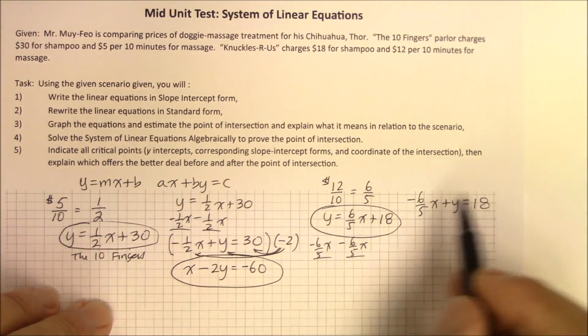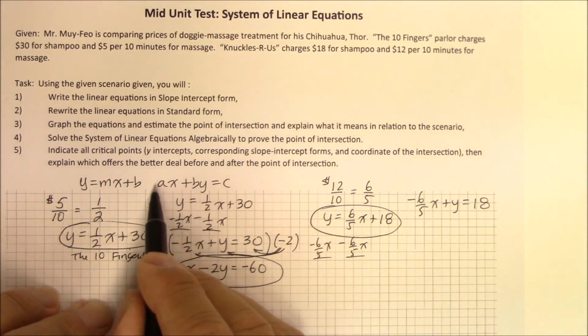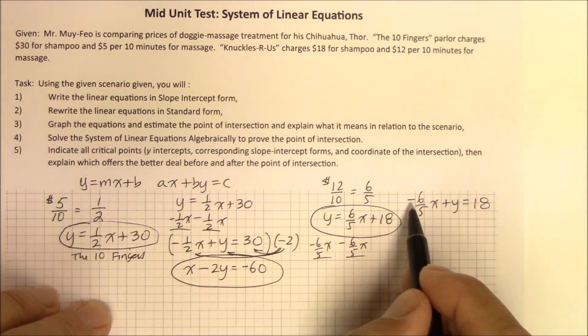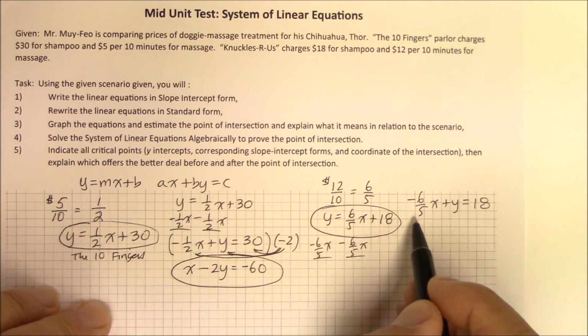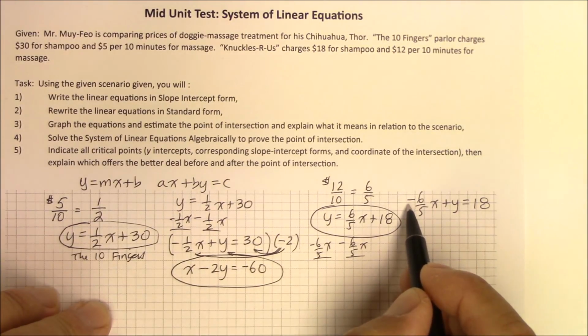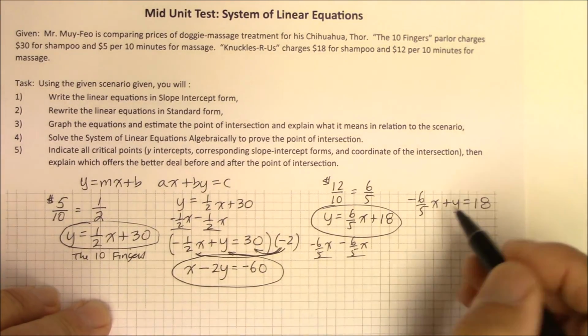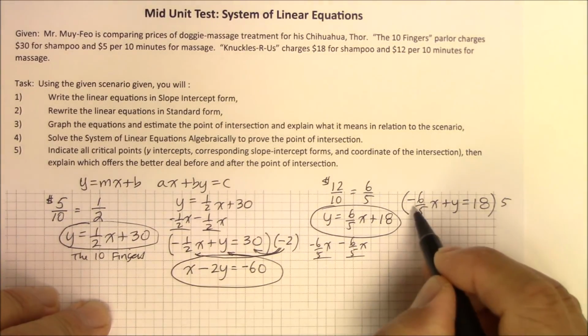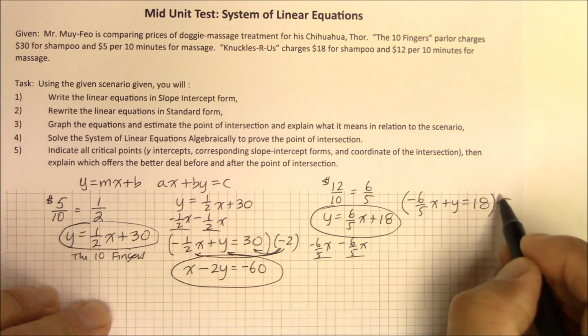But again, to make it into a standard form that looks like this, the leading coefficient a, this a here, cannot be a fraction and cannot be a negative. So what can I multiply to get rid of the 5 and the negative? I just said it. That's what you multiply: the denominator 5 and the negative. If you see a negative, multiply that negative.